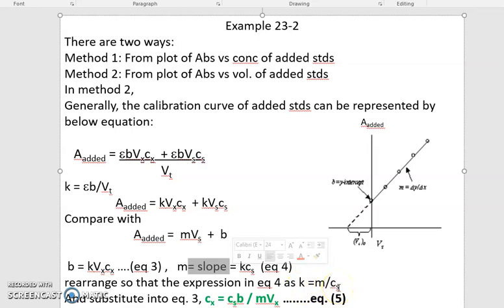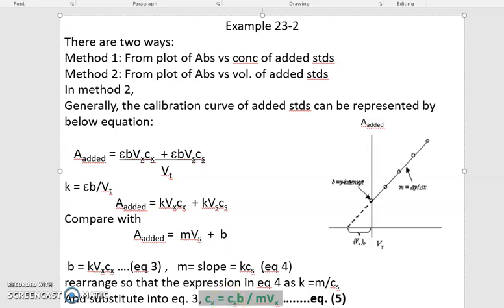After that we will substitute this expression into equation 3, and from that you will generate a new equation we call equation 5. This expression is the one that we use for the quantification.